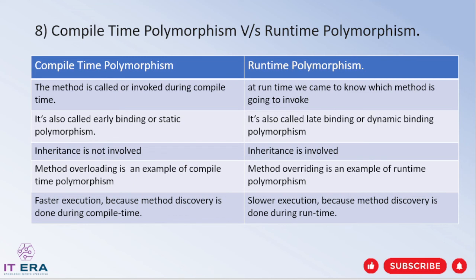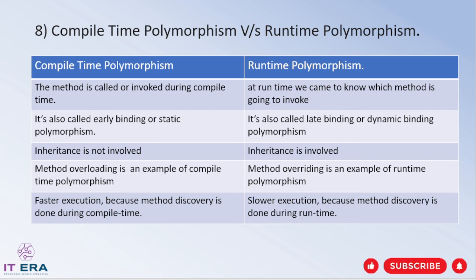Inheritance is not involved in compile-time polymorphism, but inheritance is involved in runtime polymorphism. Method overloading is an example of compile-time polymorphism and method overriding is an example of runtime polymorphism.